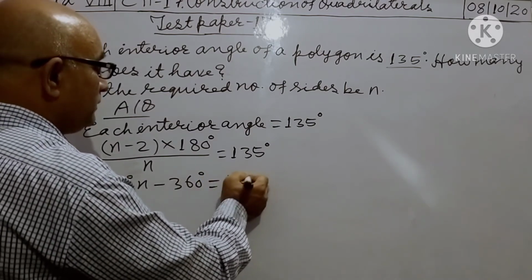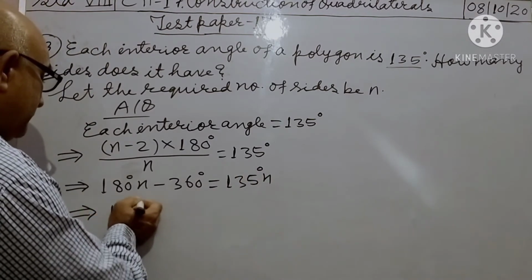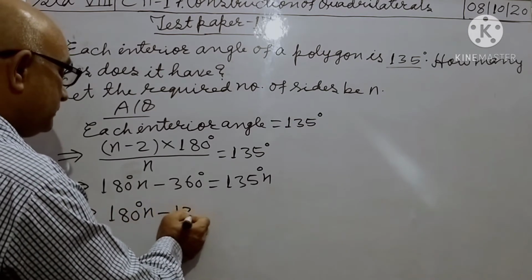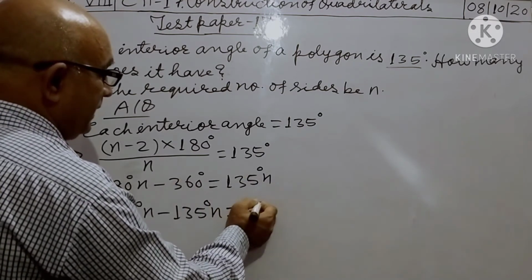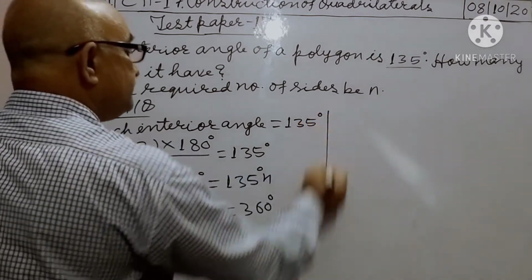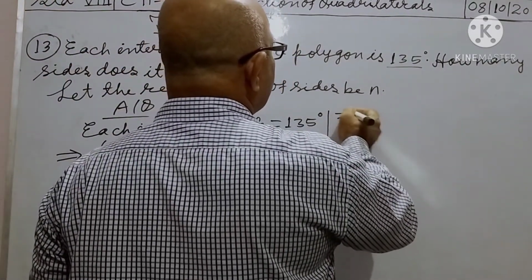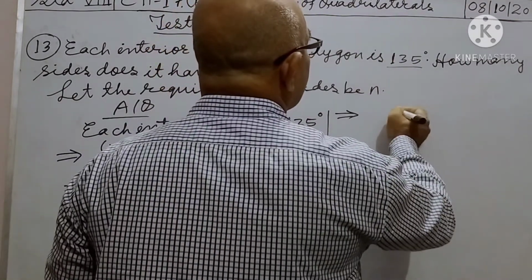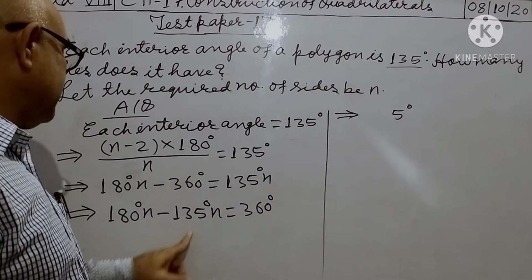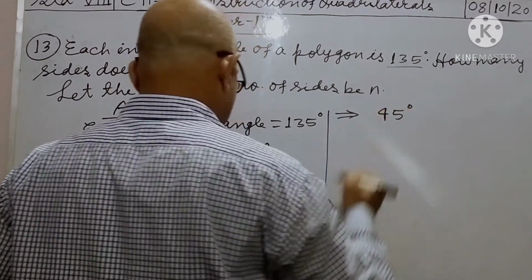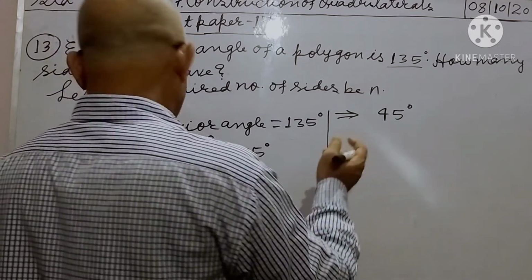So 135 degrees n. Now by transposition, 180 degrees n minus 135 degrees n equals 360 degrees. 180 minus 135 is 45 degrees n.